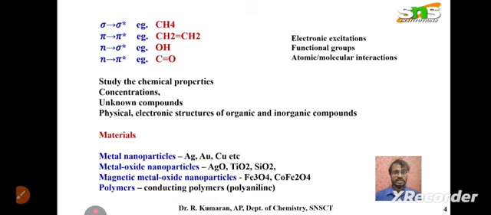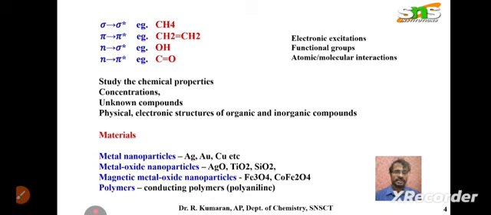These are some of the versatile excitations of electrons. For example, methane for sigma to sigma star, and pi to pi star for CH to CH2, OH for n to sigma star, and n to pi star for C double bond O, carbonyl-based organic compounds.